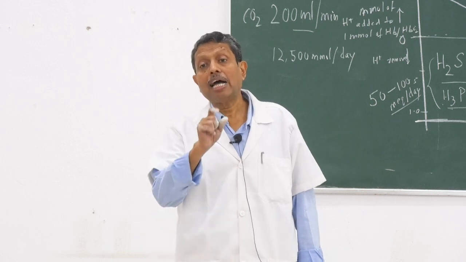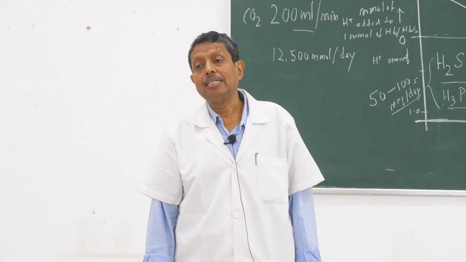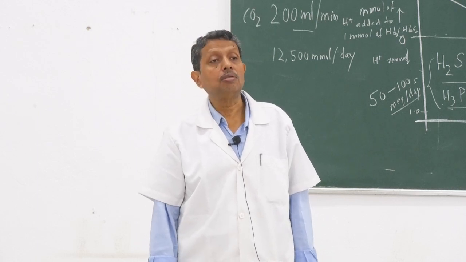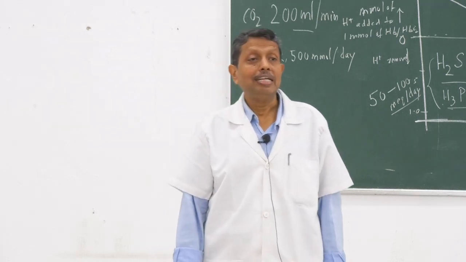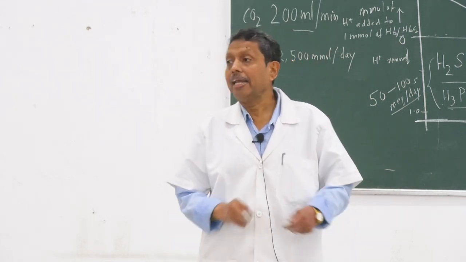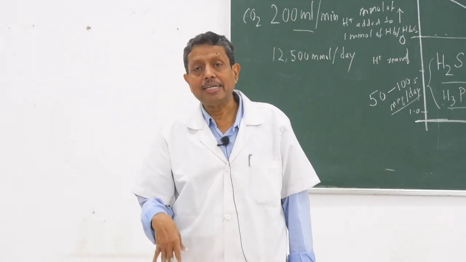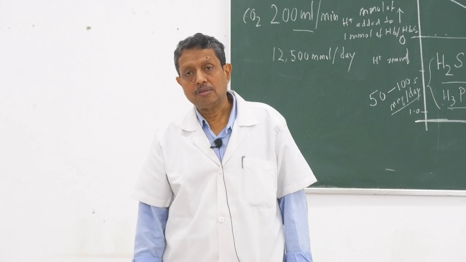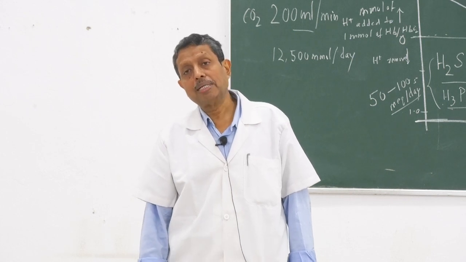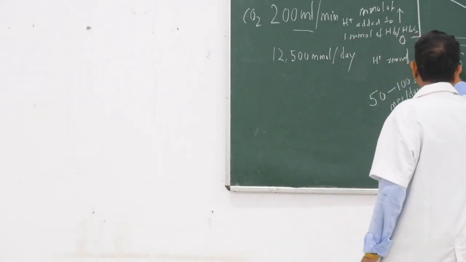Or in uncontrolled diabetes mellitus, or starvation, there is formation of ketoacids, acetoacetic acid and beta hydroxybutyric acid. These are the organic acids. If there is opportunity and supply of other ingredients, they can be metabolized within the body.